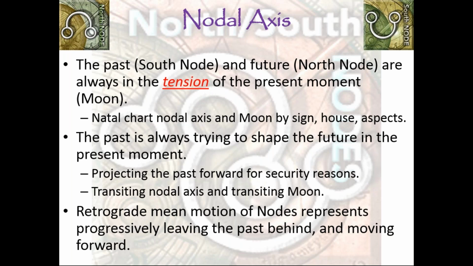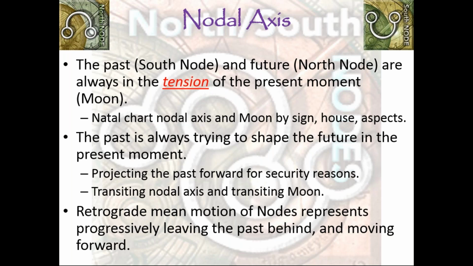In regards to the nodal axis as a unit, the past or south node and the future or north node are always in the tension of the present moment, which is the moon. You can look at this from a natal perspective in the natal chart. You can look at this from a transiting perspective of where south node, north node, and the moon are in the sky at any moment in time.